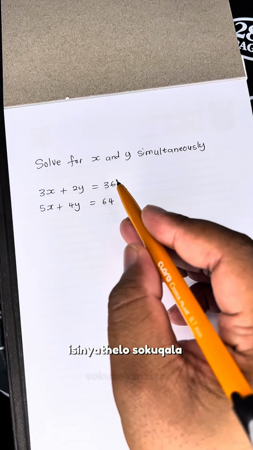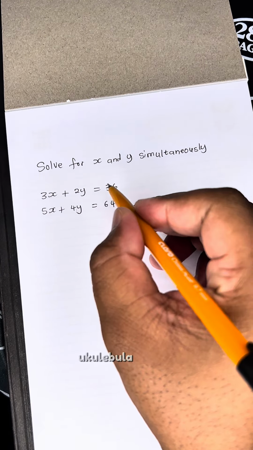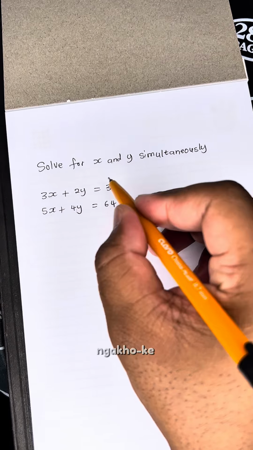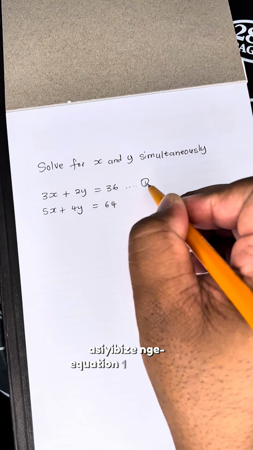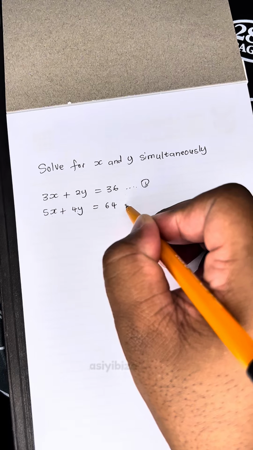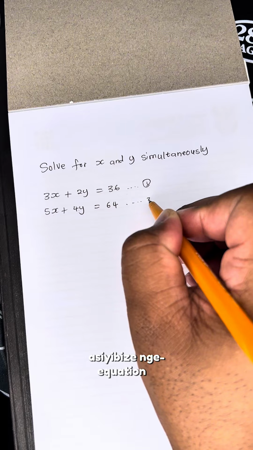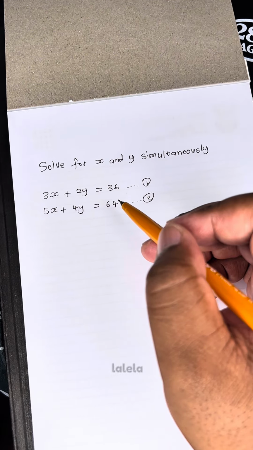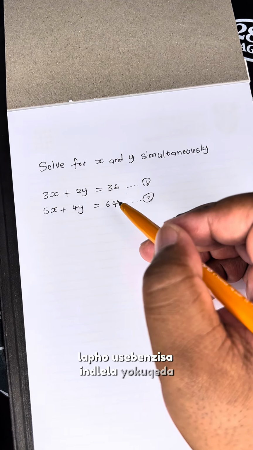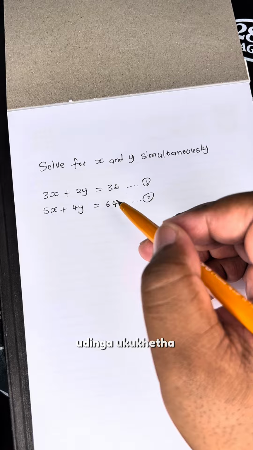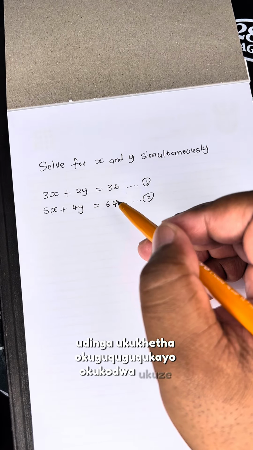Nice. First step to use the elimination method is to label our equation. So we are going to label this first equation. Let's call it equation 1, and then this one, let's call it equation 2. Okay. Pay attention. When you are using the elimination method, you need to choose one variable to eliminate.